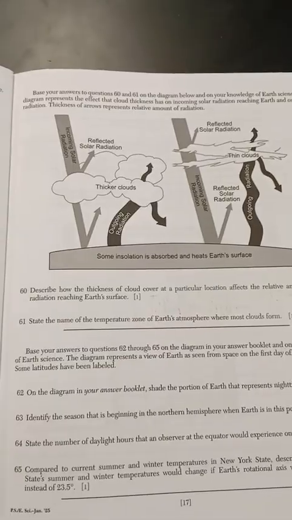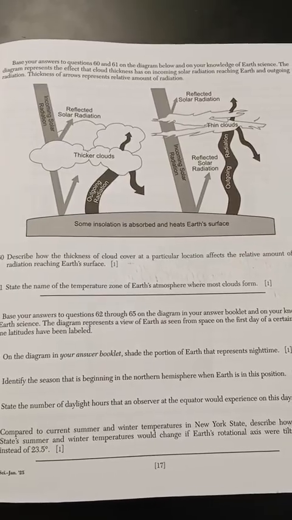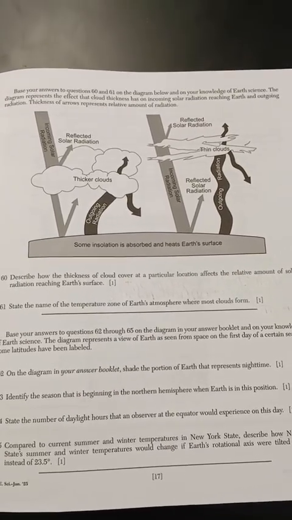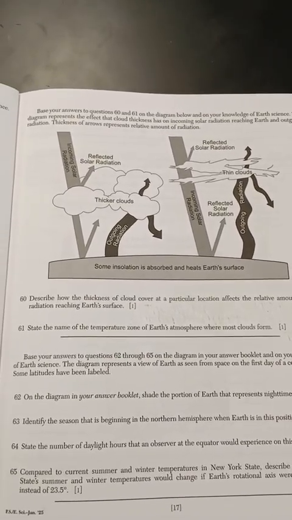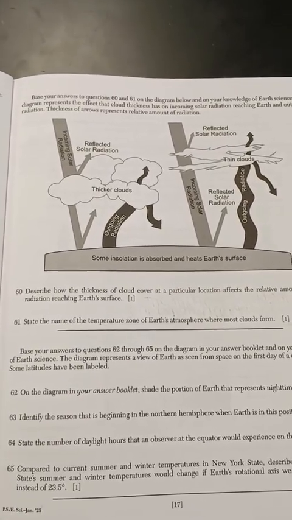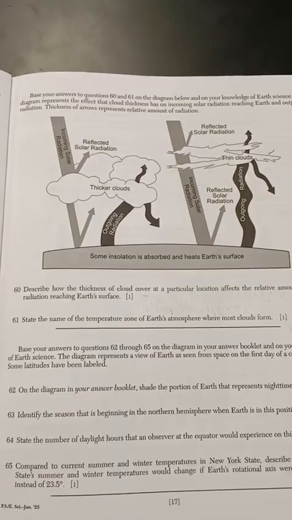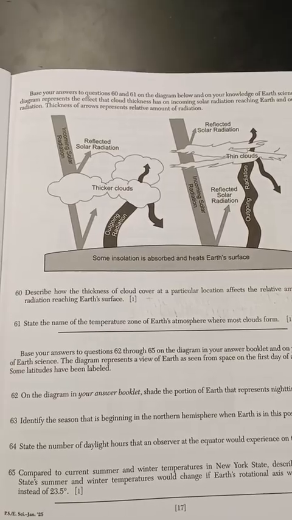Okay, let's read the first question. It says, describe how the thickness of cloud cover at a particular location affects the relative amount of solar radiation reaching Earth's surface. So they're talking about the thickness of the cloud and how this affects how much solar radiation we receive here on the surface.